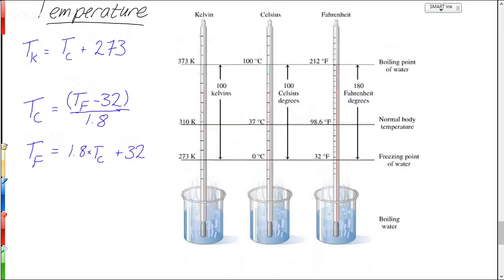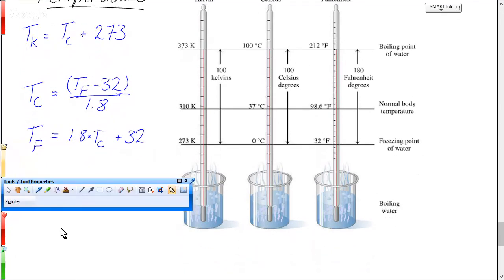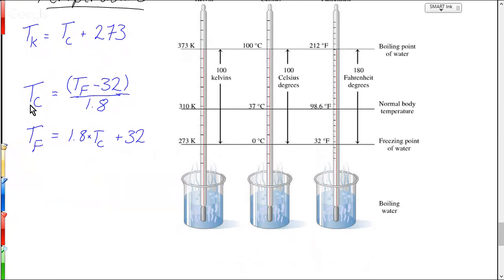So let's try it with just the body temperature. Let's say we know body temperature is 98.6 degrees F. How do we convert that to Celsius? Well, we want to solve for Celsius, so we would say the Celsius temperature is 98.6 minus 32, divided by 1.8.